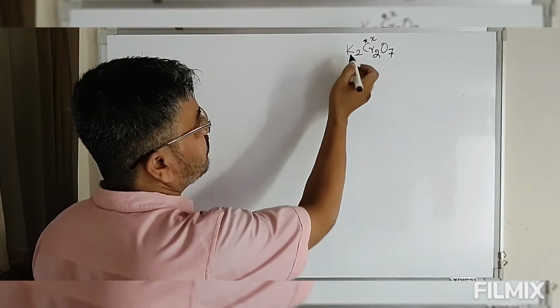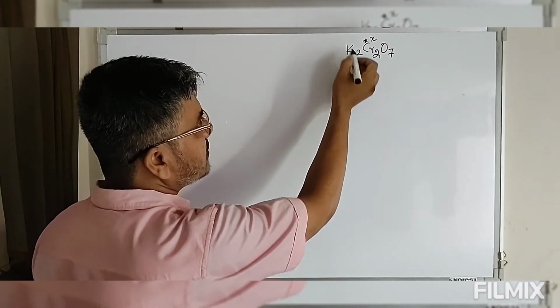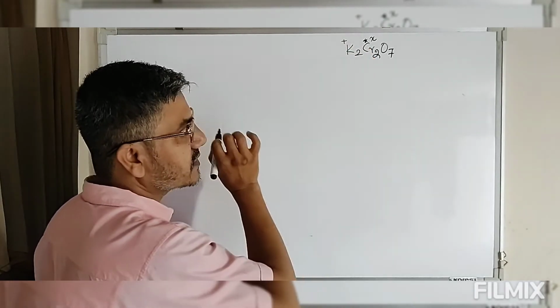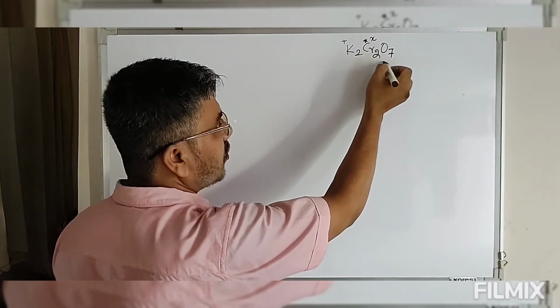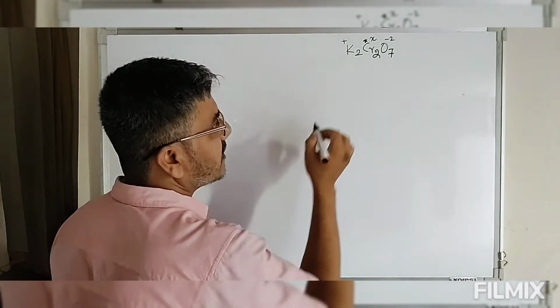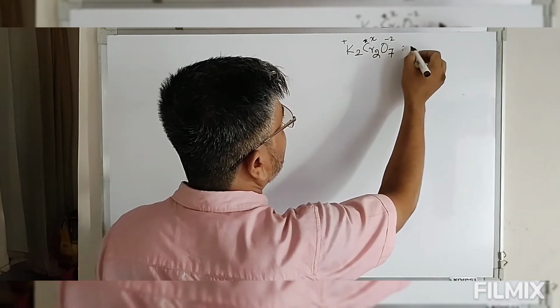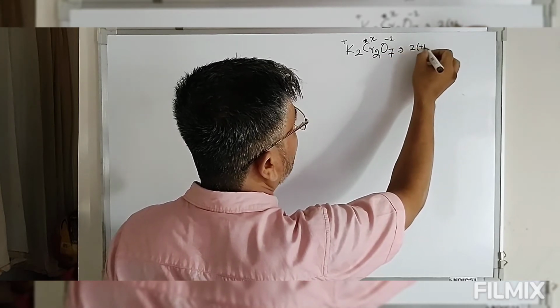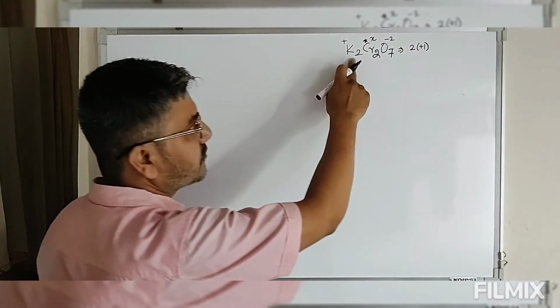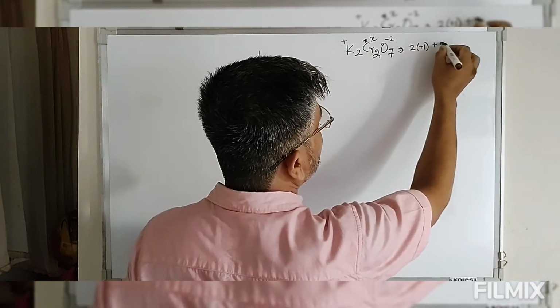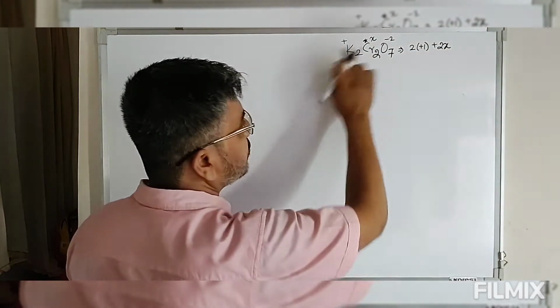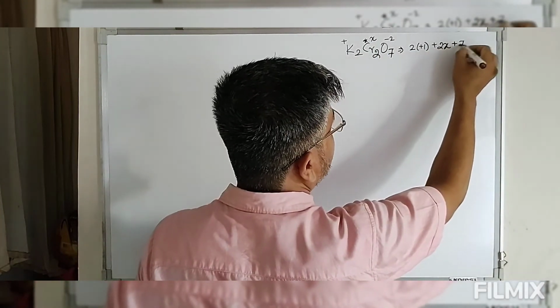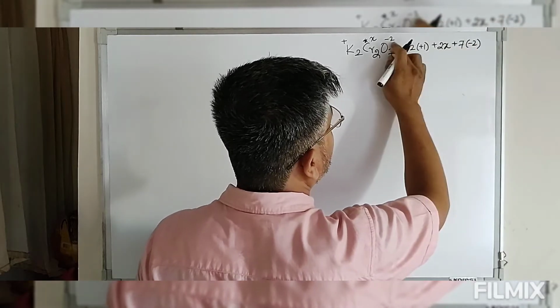Now look at this. Potassium is an alkali metal, so we have +1 oxidation state. Oxygen, this is normal oxide, so we have -2. So the rule says twice +1, that is for potassium, plus 2 times the oxidation state of chromium, plus 7 times the oxidation state of oxygen.